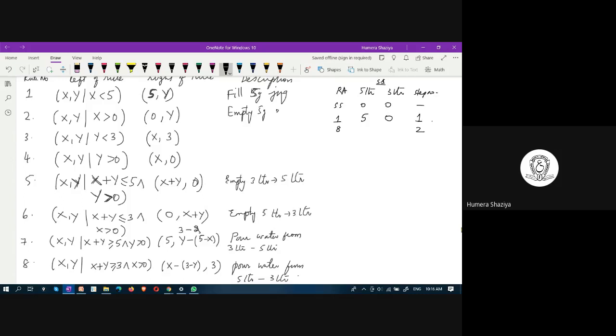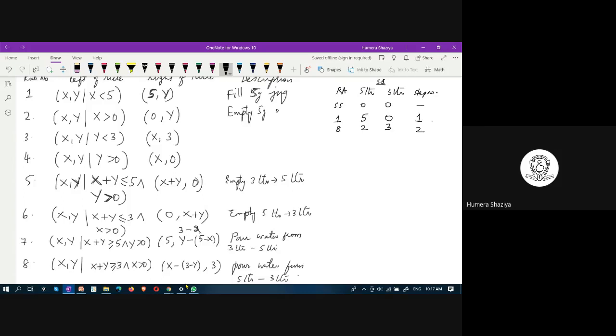So from 5 liter, you are pouring into 3 liter. First y is 0. So 3 minus 0 is 3. X is 5. 5 minus 3 is 2. Now in 5 liter jug, 2 liter water will be remaining. In 3 liter jug, you get 3 liter water.